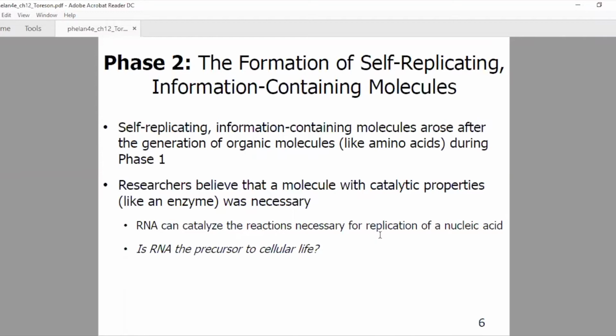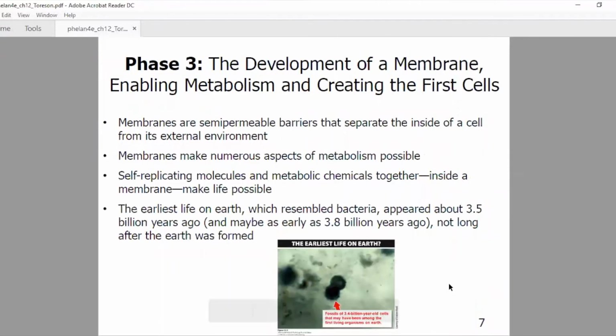Some people view RNA as a precursor to cellular life. During phase 3, we saw the development of membranes. Again, membranes are necessary for cells to maintain their metabolic functions. And without the formation of membranes, we would not see the formation or development of cells.